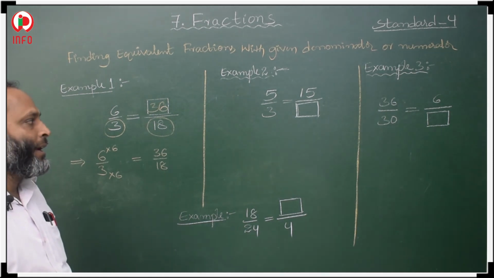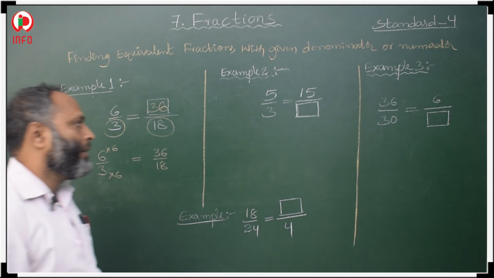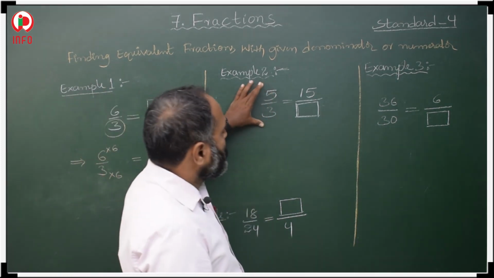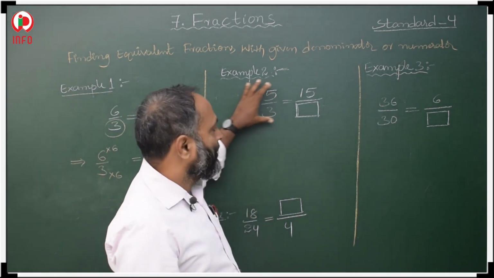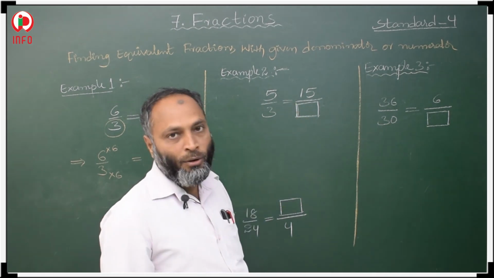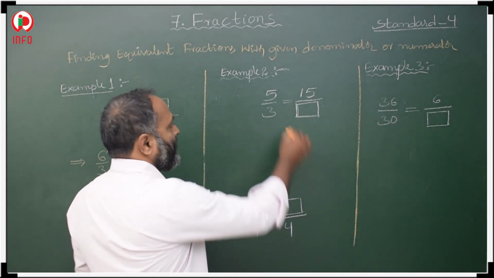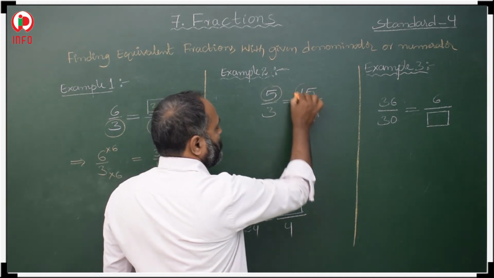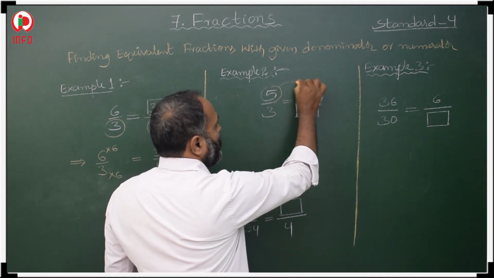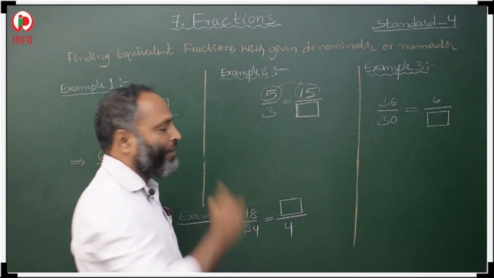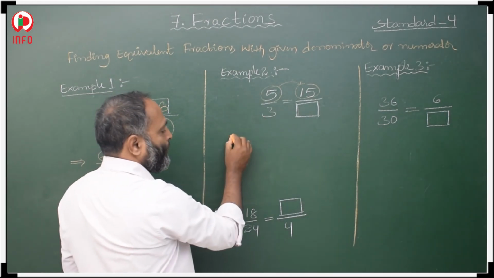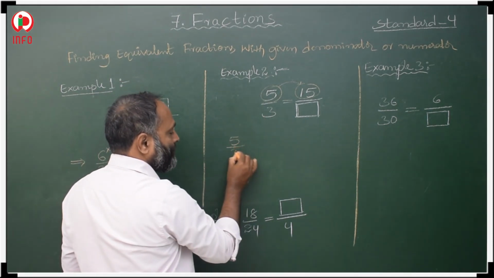Now here the first fraction 5 by 3 is given, and the denominator is unknown. So we compare numerator and numerator. First we take the known fraction 5 by 3.